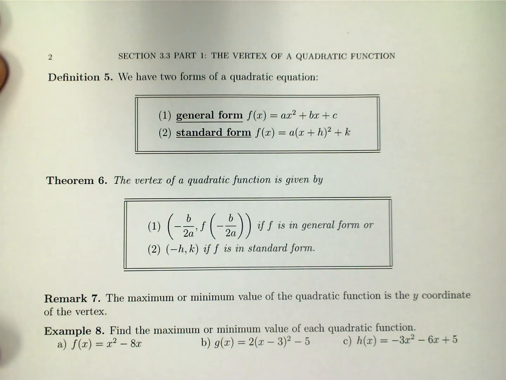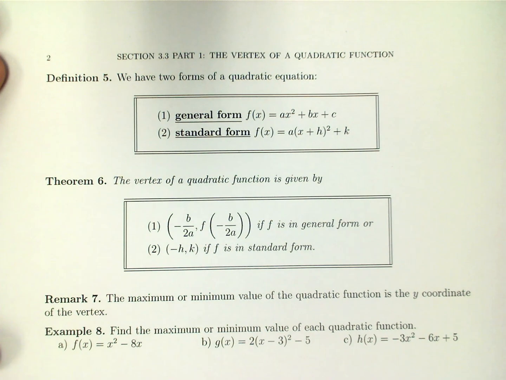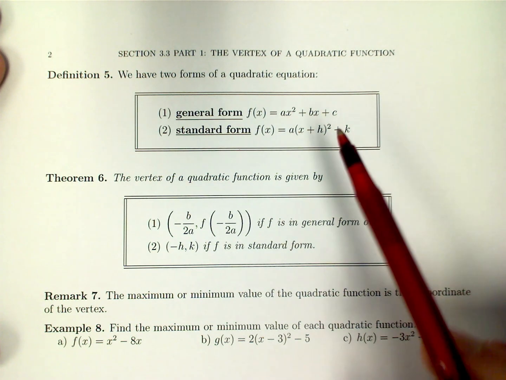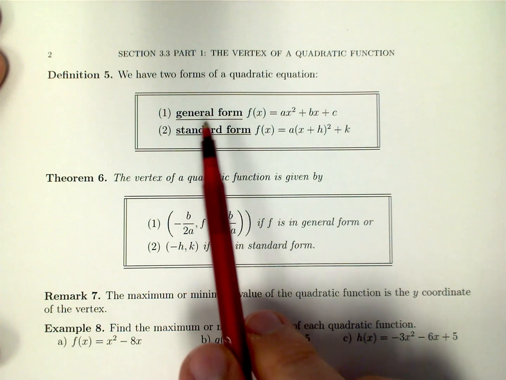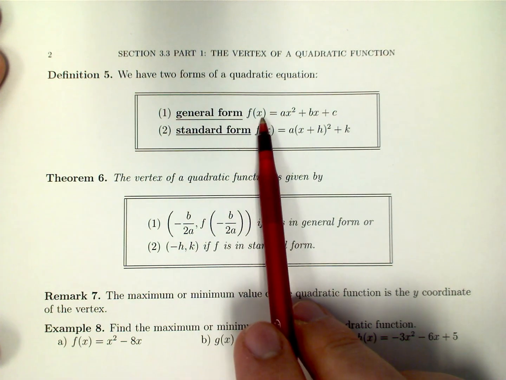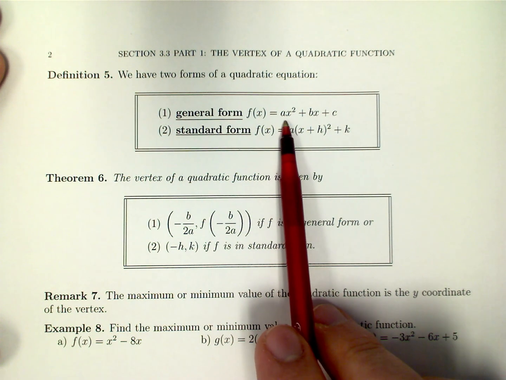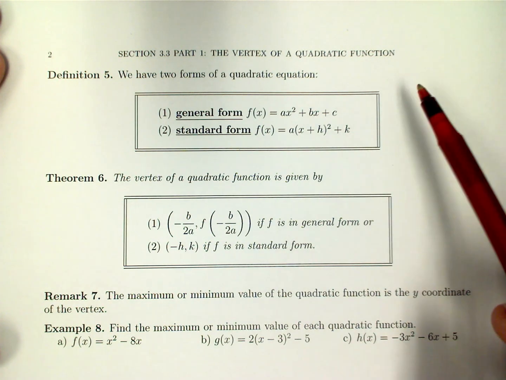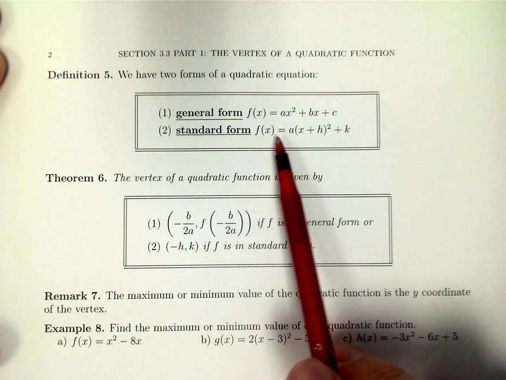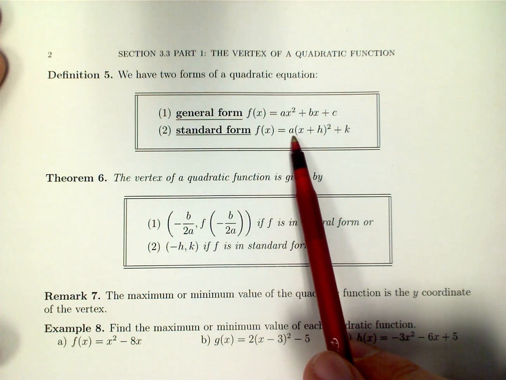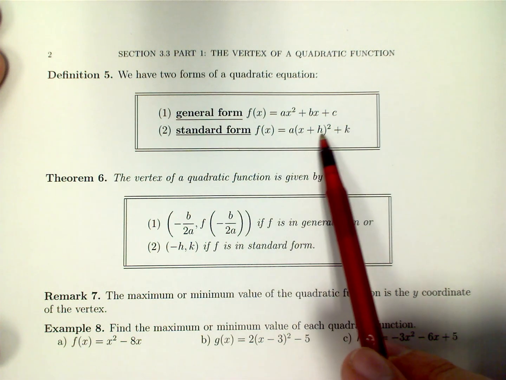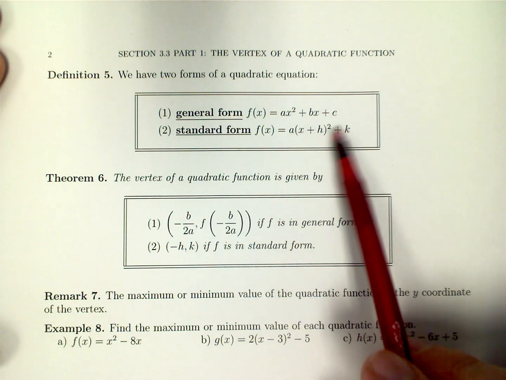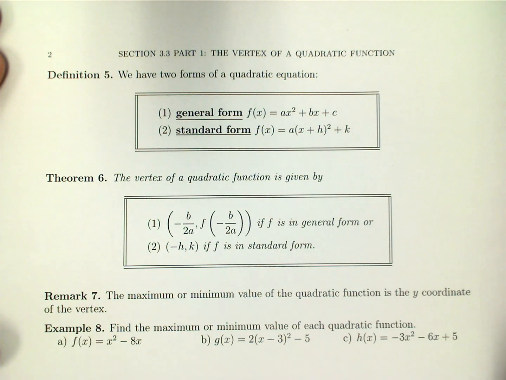All right, and as it turns out, for quadratic functions, there are two forms that frequently come up. One of them is called the general form, of the form ax squared plus bx plus c. It's the one we most often look at. The other one is of the form f of x equals a times x plus h quantity squared plus k. That's something of the form where we complete the square.